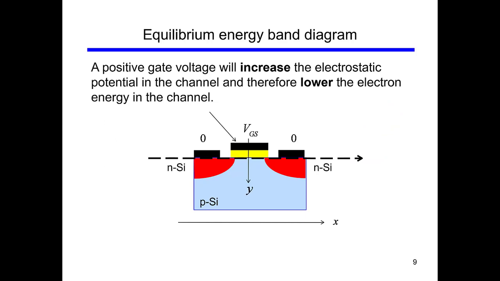So what happens now if we increase the gate voltage? If we increase the gate voltage, this electrostatic potential in the channel will change, and it will lower the energy of electrons in the channel.